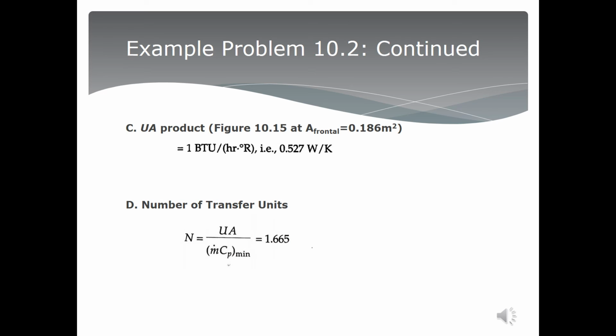In Part C, Table 10.15 from the textbook comes in handy for the UA product. That is important for Part D, where the number of transfer units is calculated. In Part D, N equals UA divided by minimum capacitance, which was found earlier, which equals 1.665.